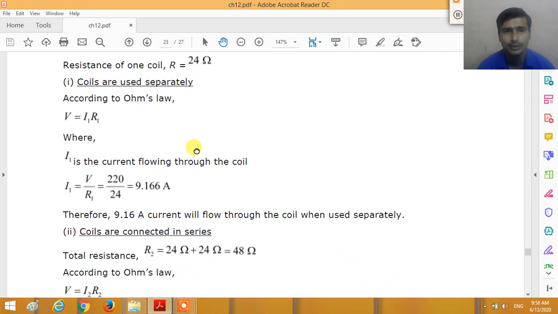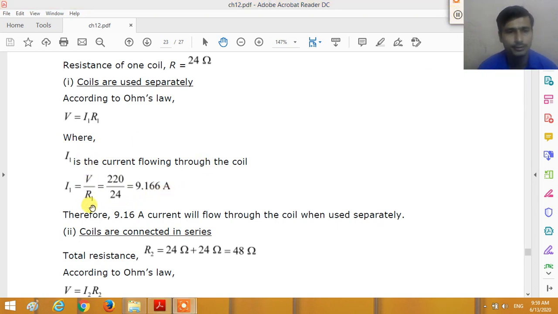According to Ohm's law, V is equal to I into R. We get the current I is equal to V by R1. V is 220 volt. Resistance of the coil is 24 ohm. So we get the current passing through the circuit as 9.166 ampere.